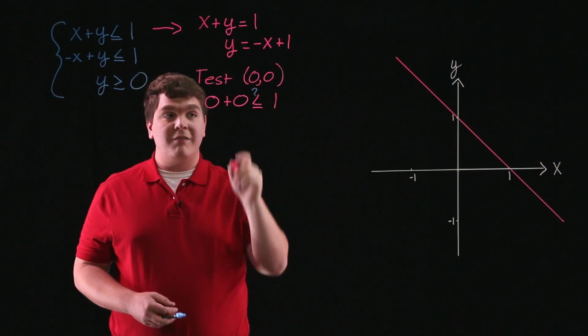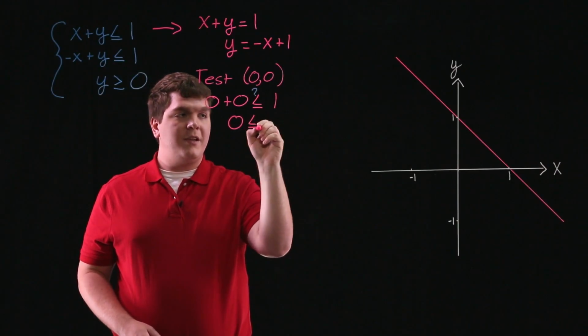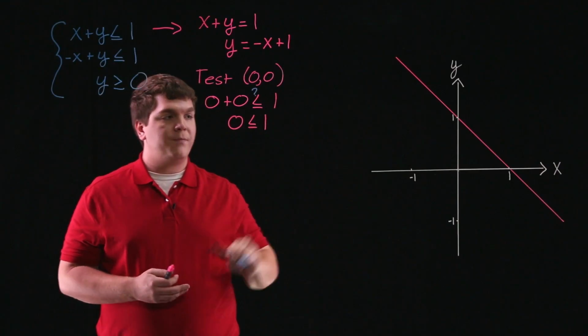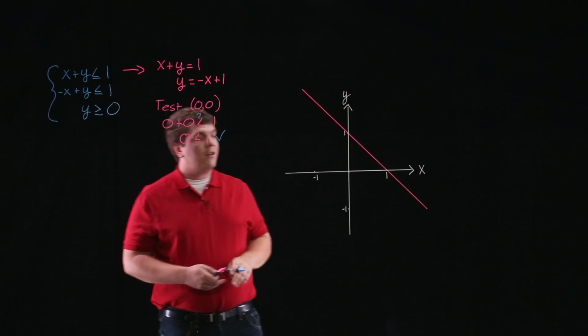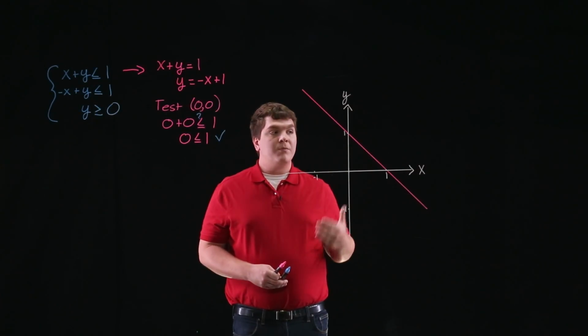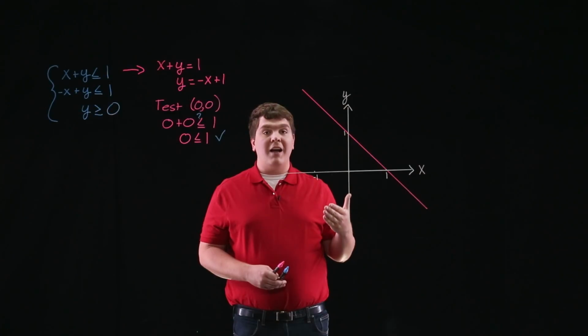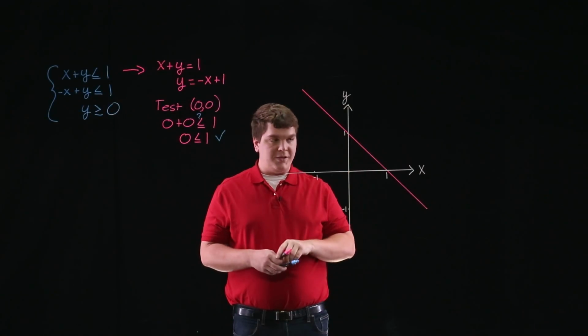And what we see is that, in fact, 0 is less than or equal to 1. So we're going to shade the side of the line that includes the point (0, 0).